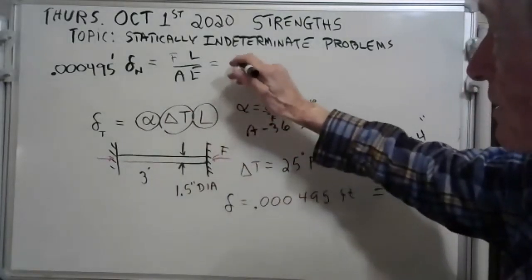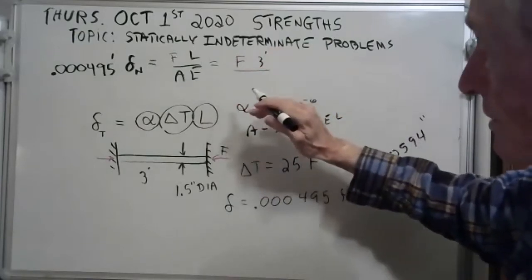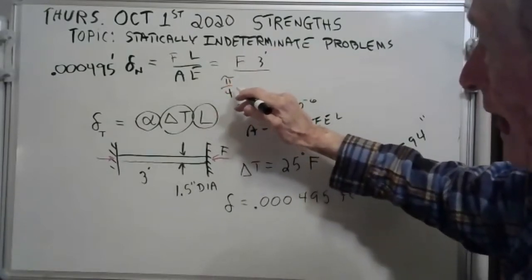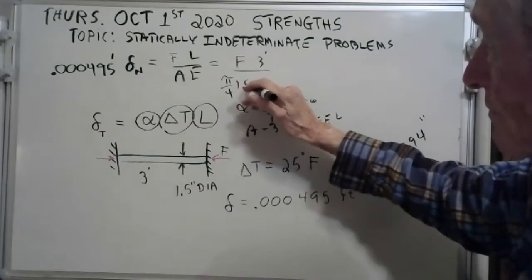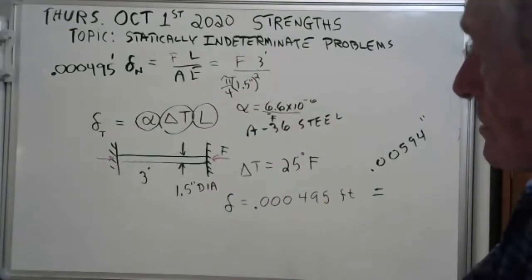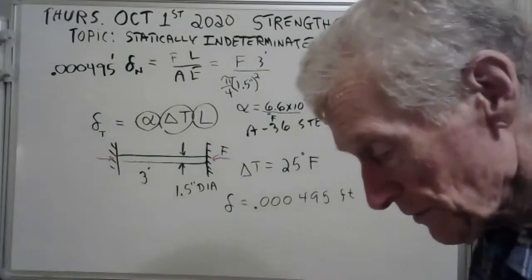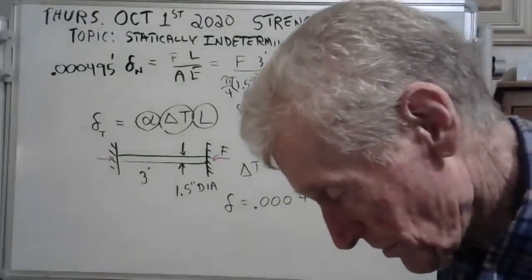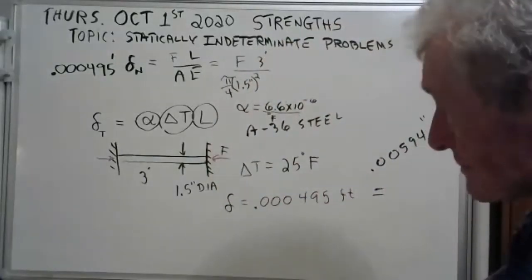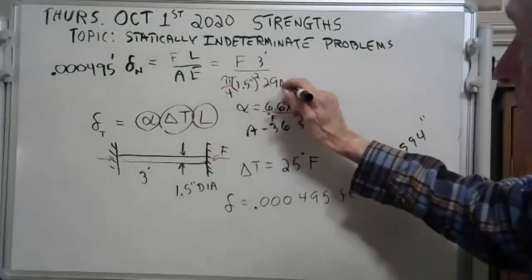And that's going to equal F times 3 feet divided by the area, which is pi over 4 times 1.5 inches squared, times E. Oh, we're going to have to look up E. Go to the back. We want the one for English or U.S. customary, and it's 29 MSI.